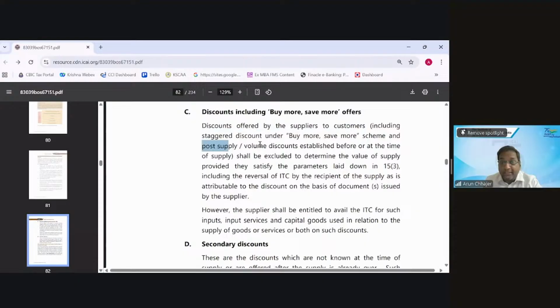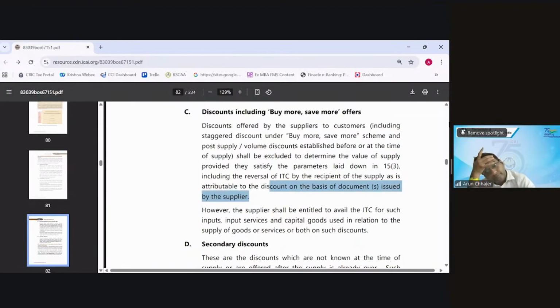And post supply volume discount established before or at the time of the supply shall be excluded to determine the value, provided they satisfy the parameters laid down in section 15 subsection 3, including the reversal of ITC by the recipient, as it is attributable to the discount issued by the supplier.